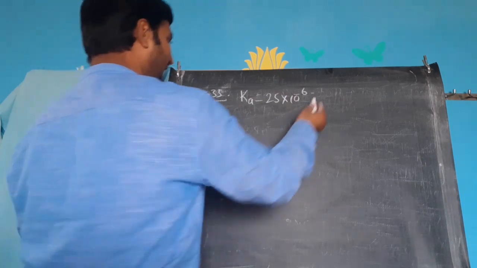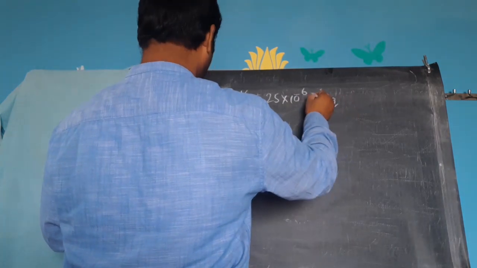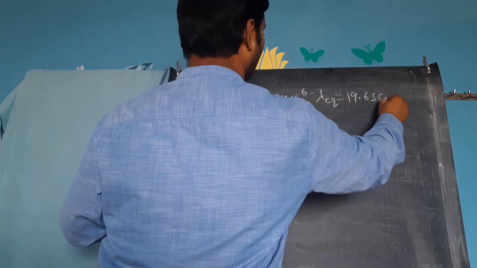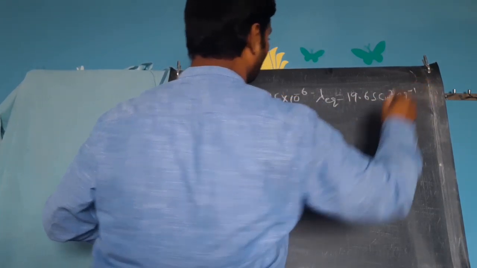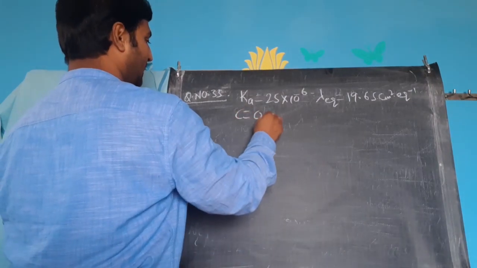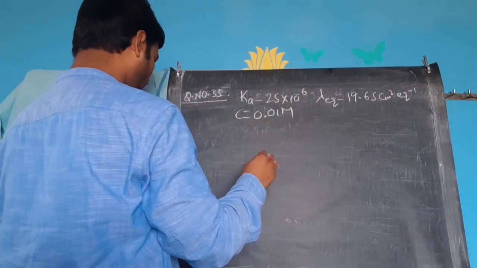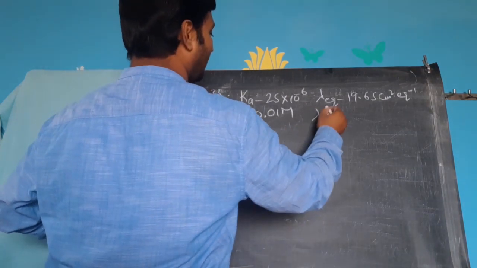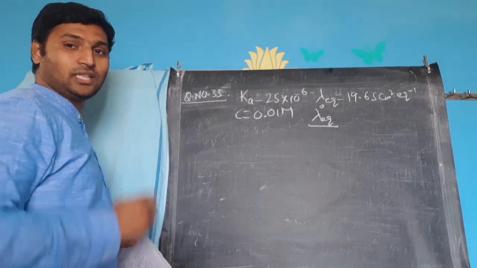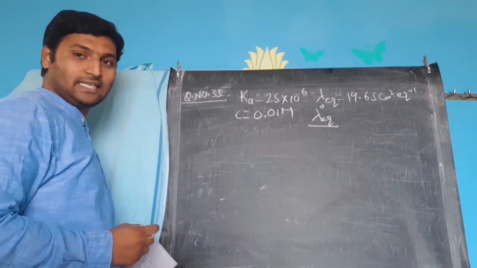Then the equivalent conductance of that acid is given, 19.6 Siemens centimeter square equivalent inverse, meaning CGS units he has given. Then concentration he has given 0.01 molar.